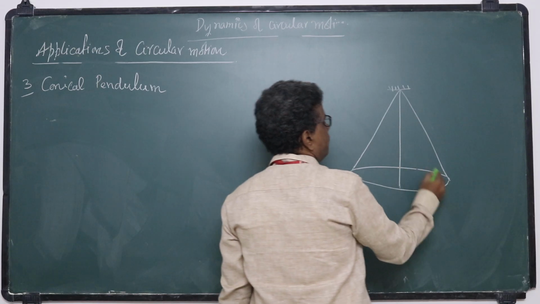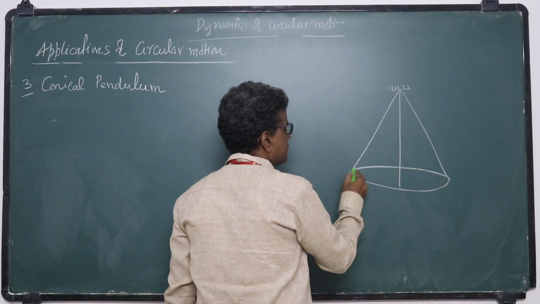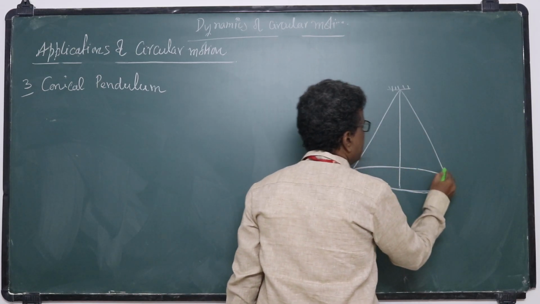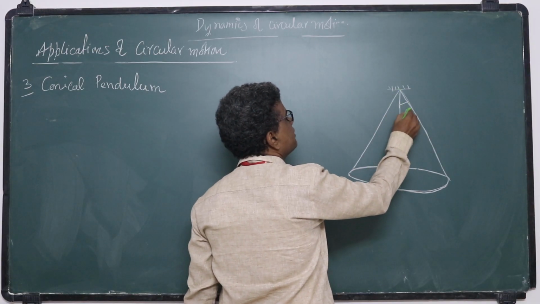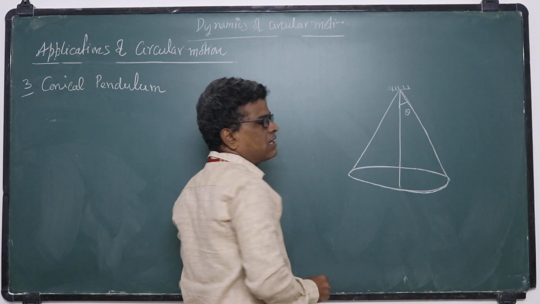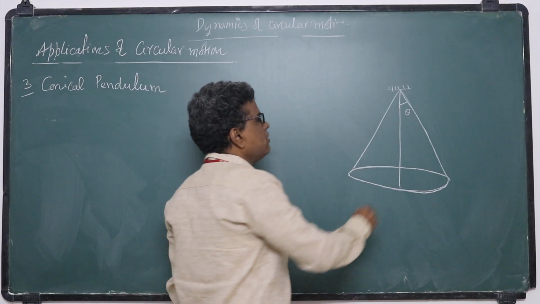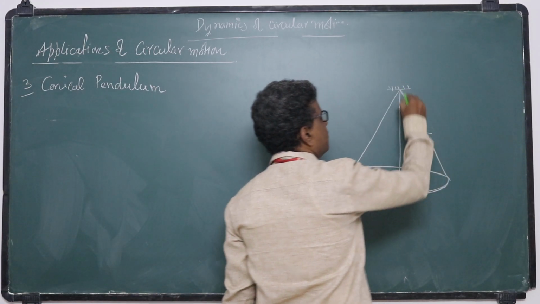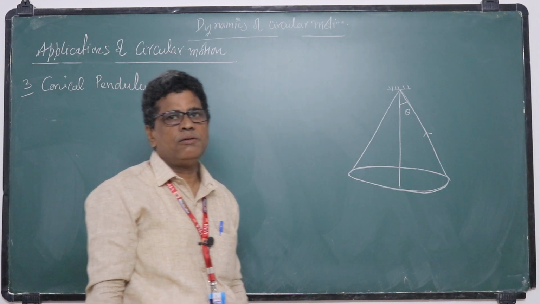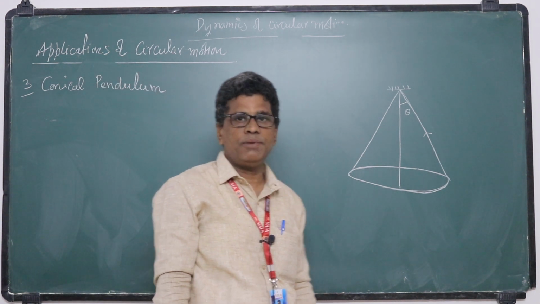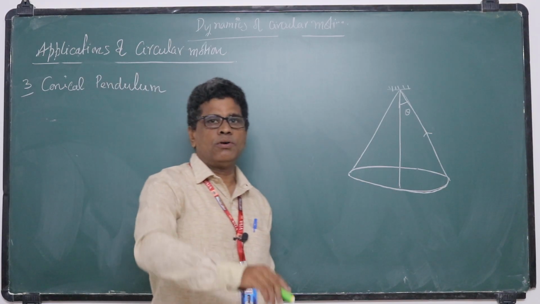If it rotates like this, it sweeps like a cone, making an angle theta with vertical. So the string makes an angle theta with vertical. Such a pendulum we can call a conical pendulum. It sweeps like a cone.